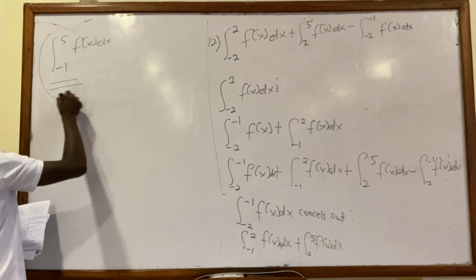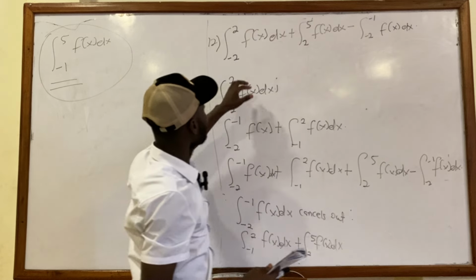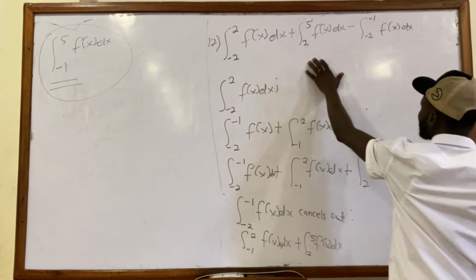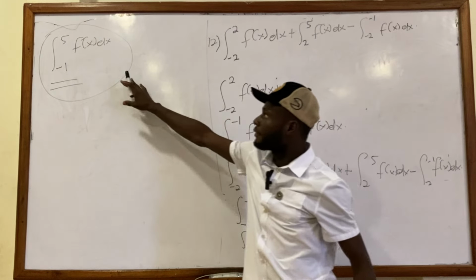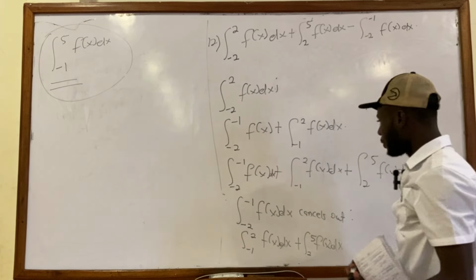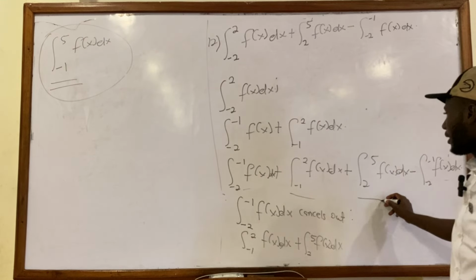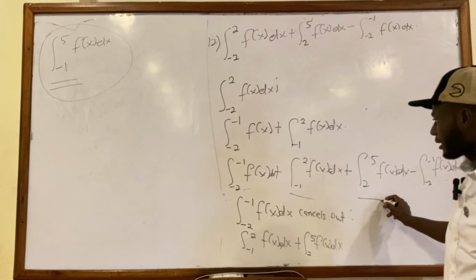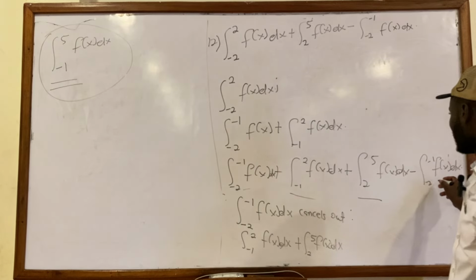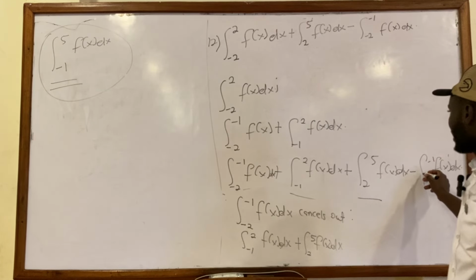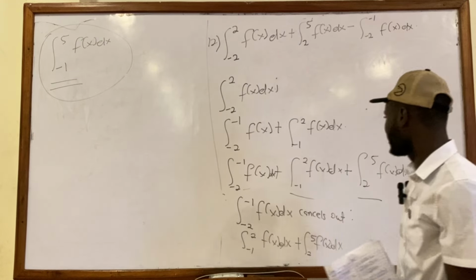So this becomes the single integral when we combine this particular integral and this particular integral; this is the result. So we can see that this one cancels out this and this. So when we combine this particular one, we are going to have what is over there.